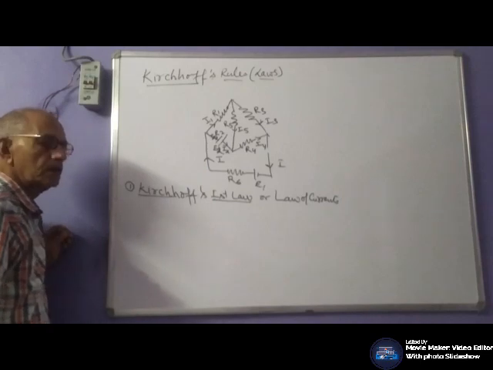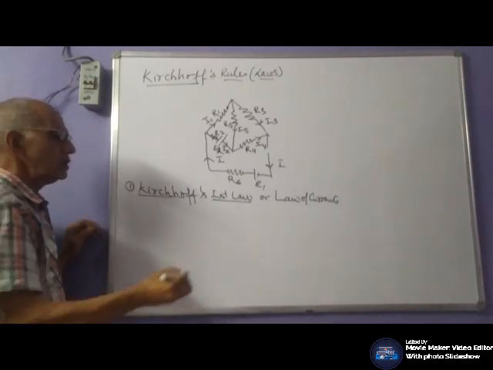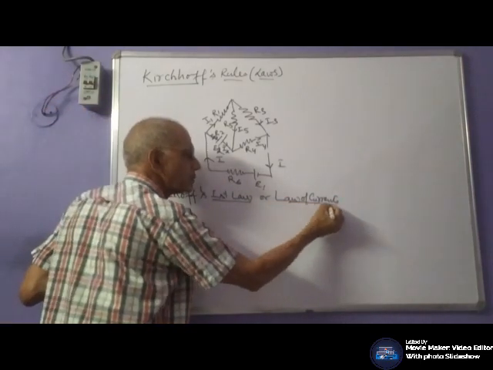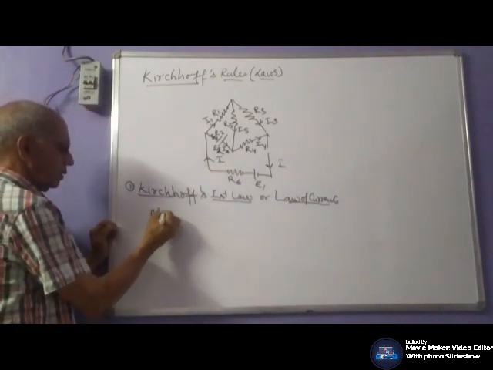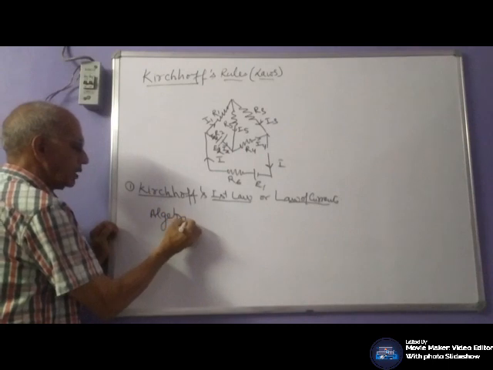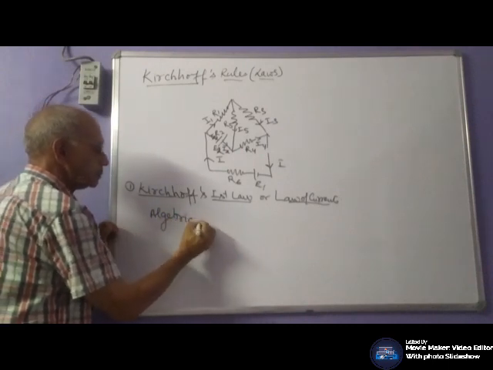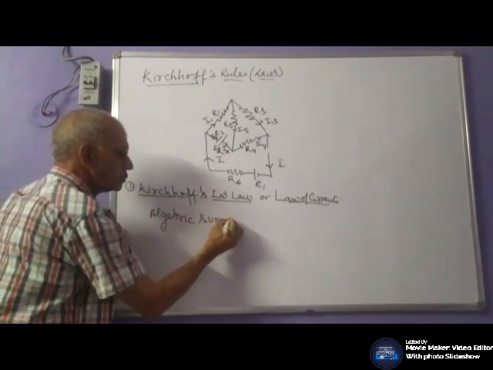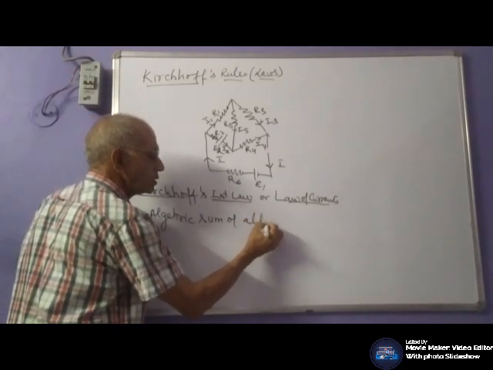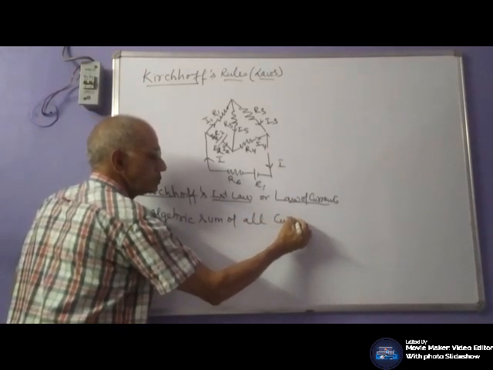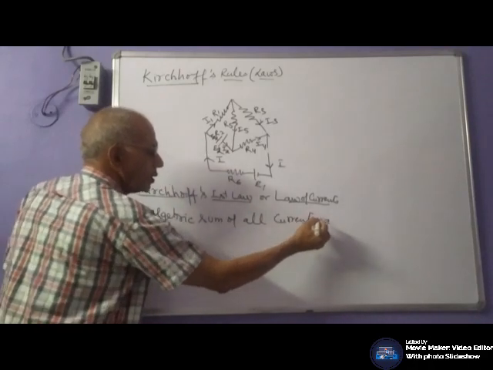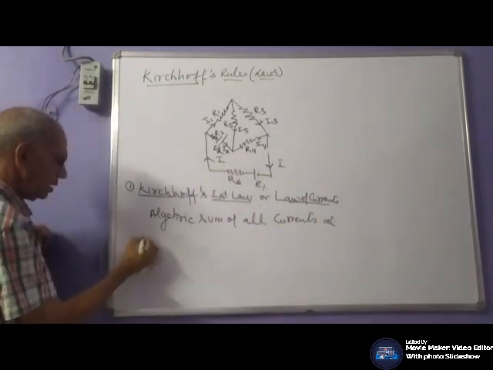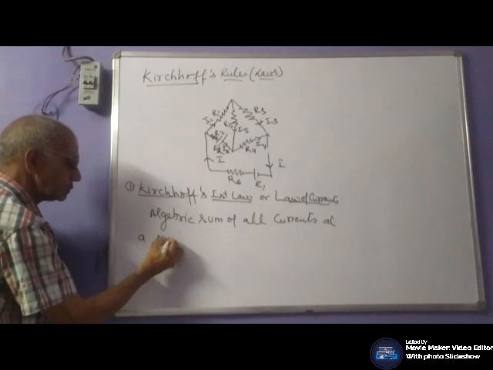The algebraic sum of all currents at a junction.